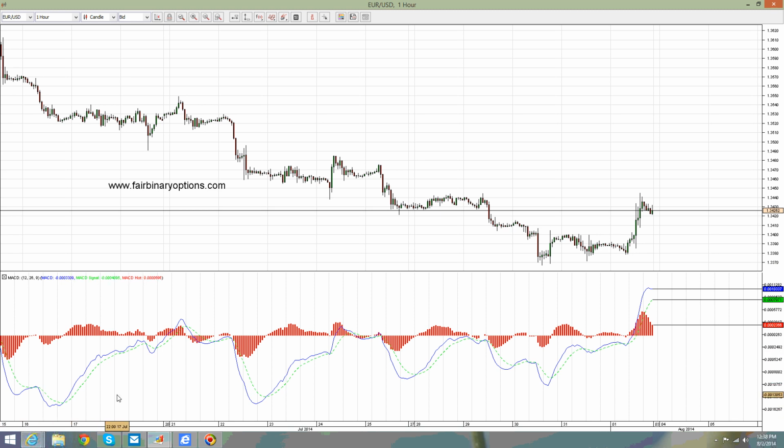Now, when the market trends strongly, regardless of whether it is to the upside or to the downside, we should always take into consideration the fact that the MACD will have the tendency to stay more to the upside than to the downside in a bullish trend.